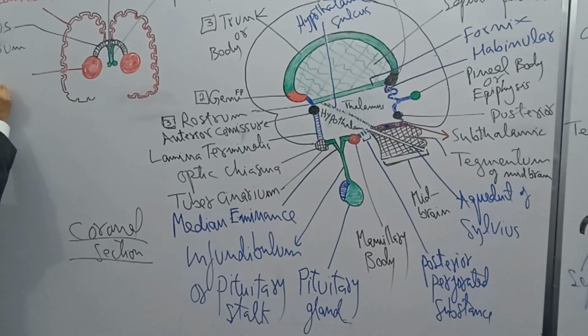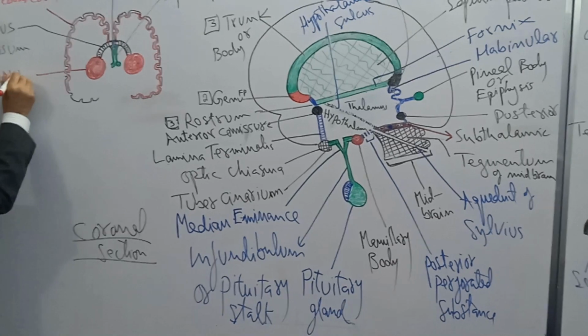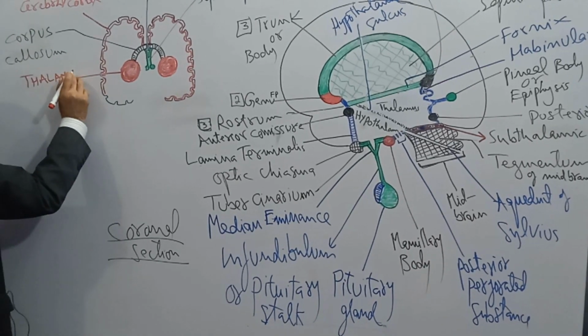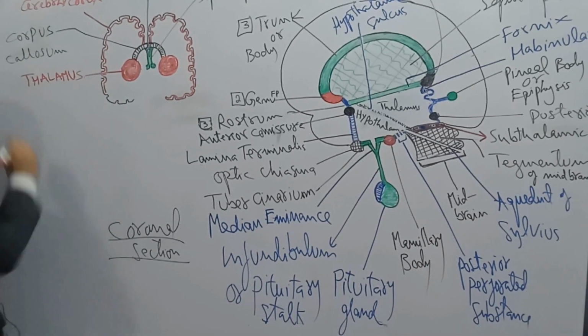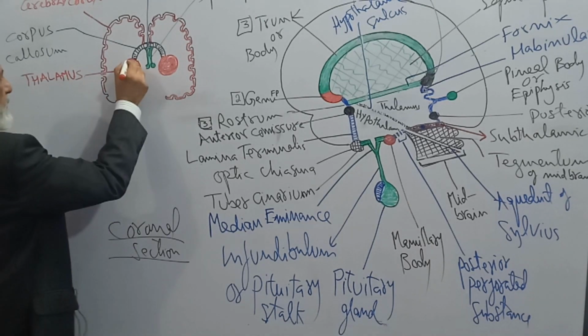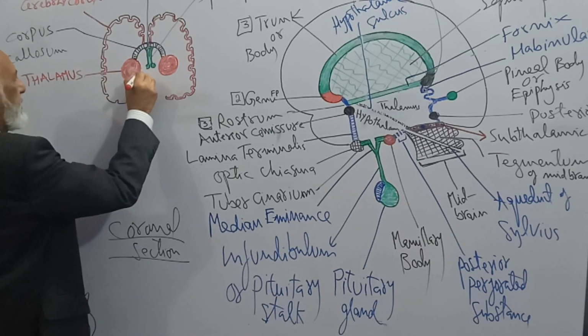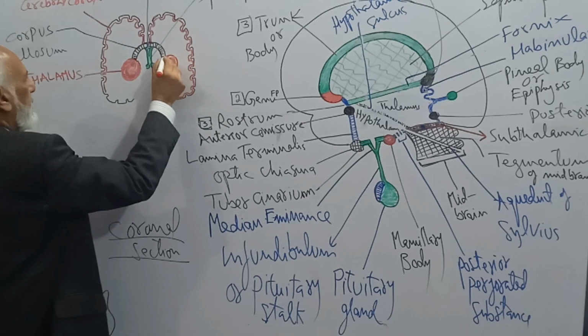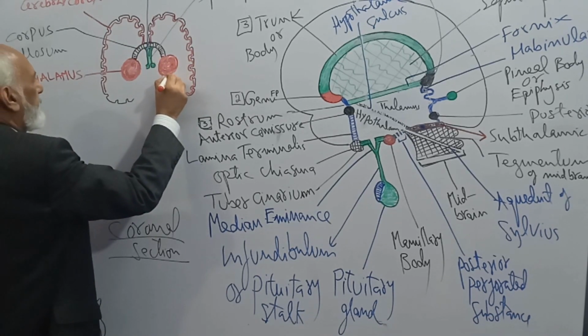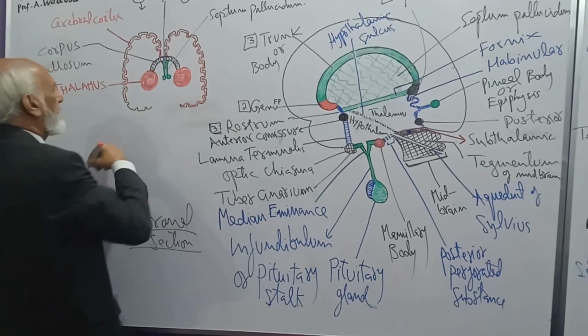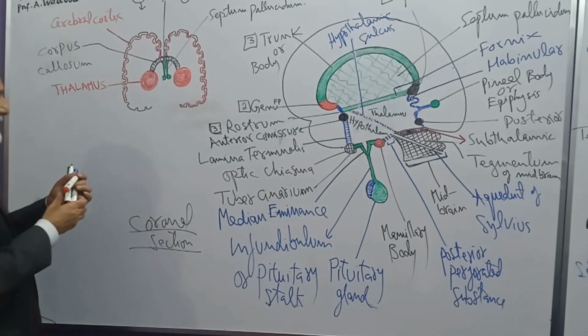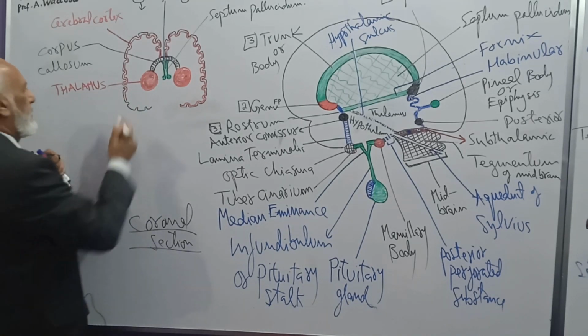This is thalamus. Right and left. Right in the right cerebral hemisphere and left in the left cerebral hemisphere. Now below the thalamus is hypothalamus.